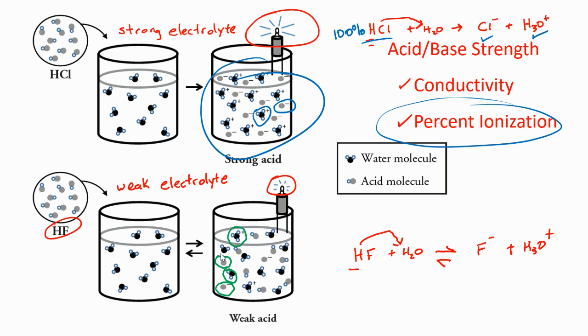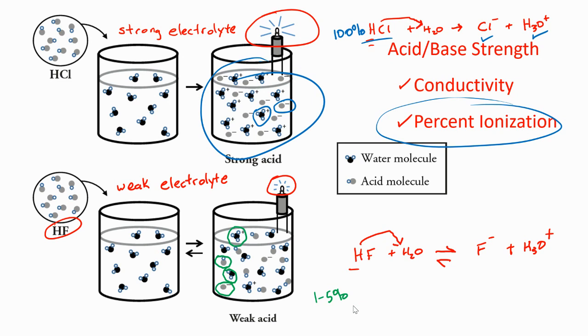So, looking at this equation to differentiate it from the one above, the percent ionization is less than 100%. And typically, the ionization that we see is actually around 1 to 5% ionization for these weak electrolytes or weak acids.